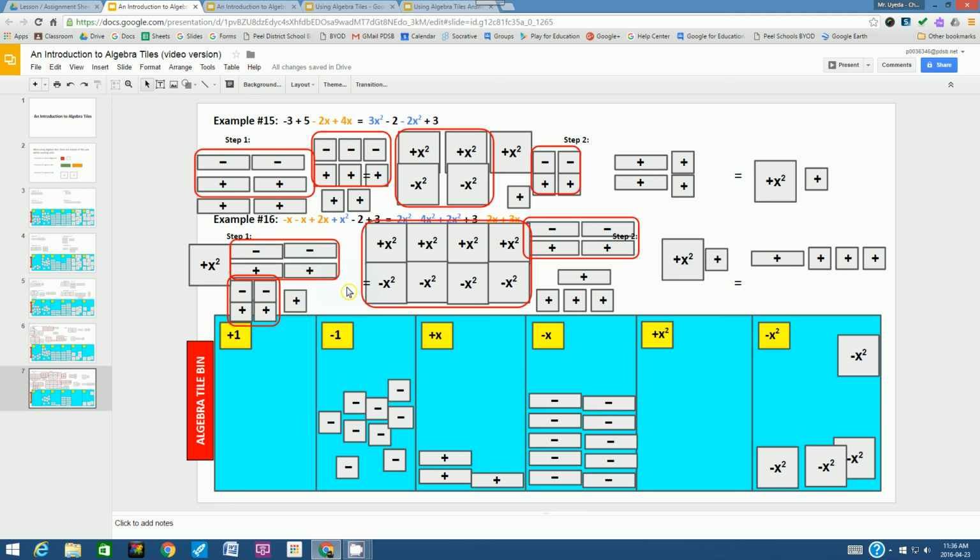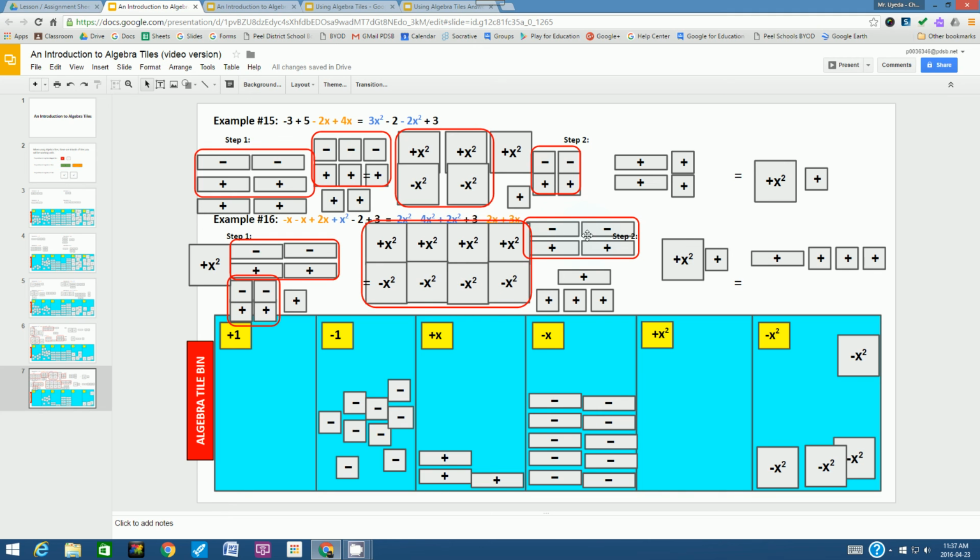Let's go through it. On the left-hand side, I created 2 zero models with -2x and +2x. And I created another 2 zero models with -2 integers and +2 integers. On the right-hand side of the equation, I created 4 zero models with 4 positive x squareds and 4 negative x squareds.